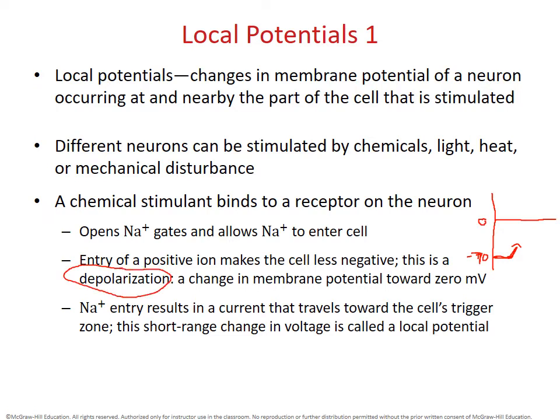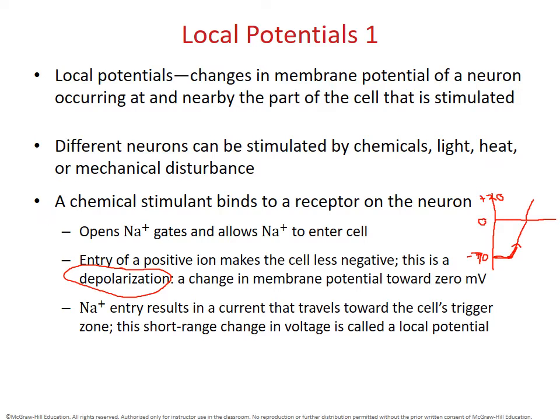Now, if I was to depolarize it all the way to 0, that would of course be a complete depolarization. If I was to continue this flow of sodium, I might get so much sodium to flow in that I'd go past 0 and end up on the positive side of polarity. Technically, this isn't depolarization anymore, right? Now I'm polarizing the membrane again, just in the opposite direction, making the interior more positive.